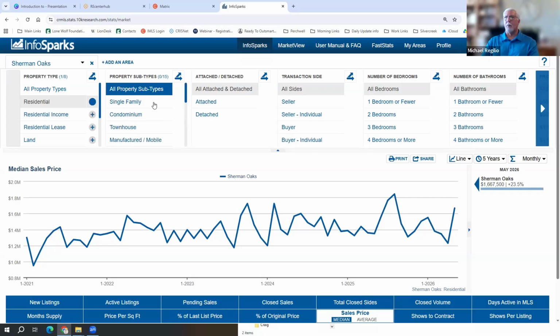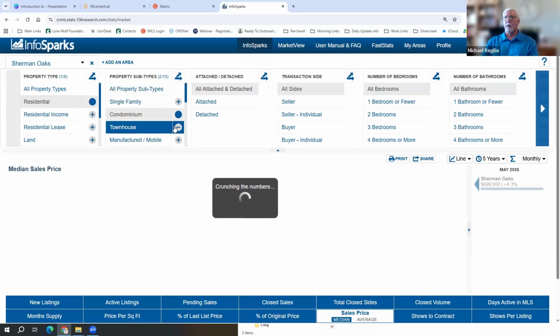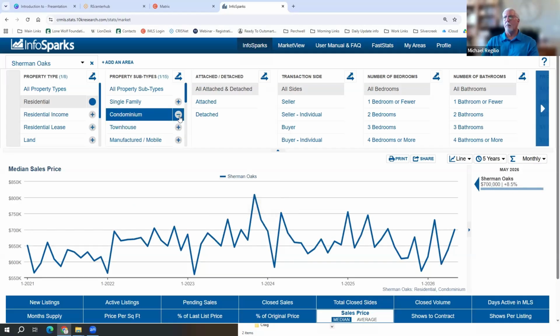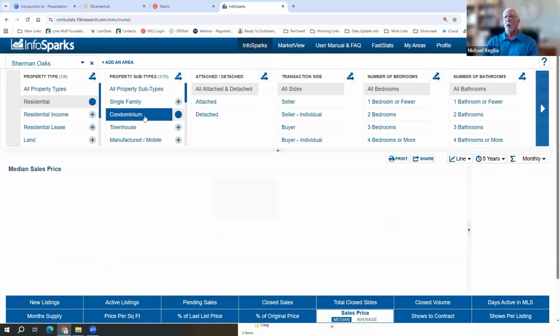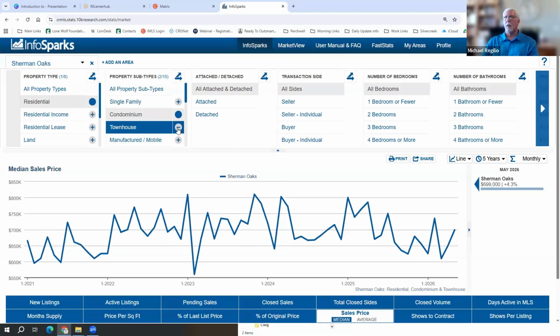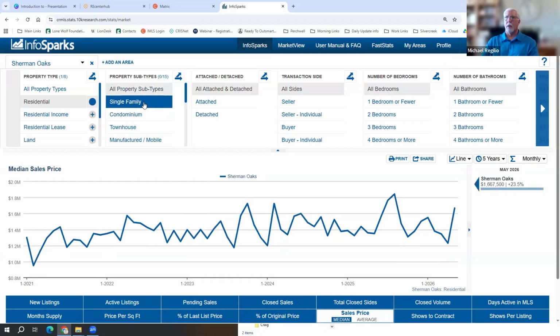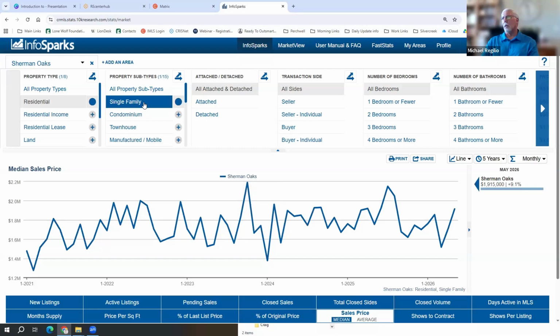But you have all the different property types. If I'm trying to do condominiums, I'm going to do both condominiums and townhomes or townhouses most of the time, but you can do one at a time by clicking on the plus sign, clicking the minus sign, and it will take it out of your search. To keep it simple, we're just going to do single family.